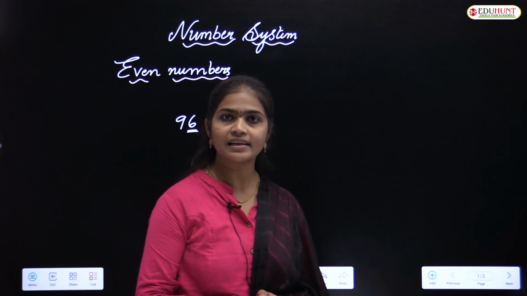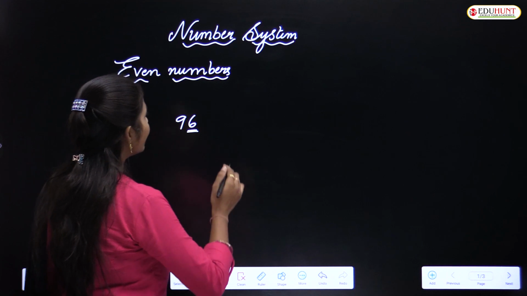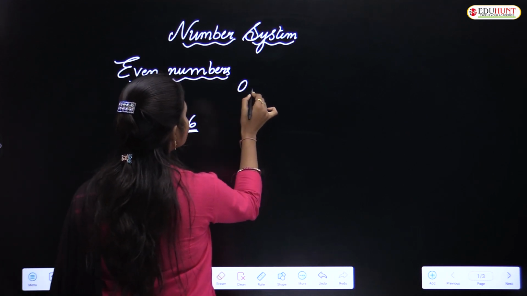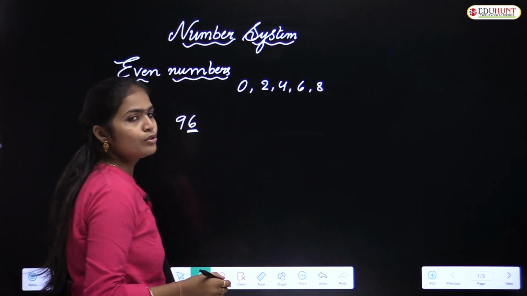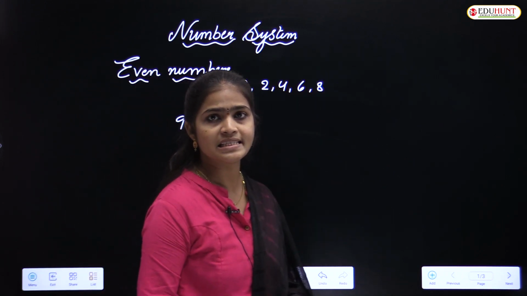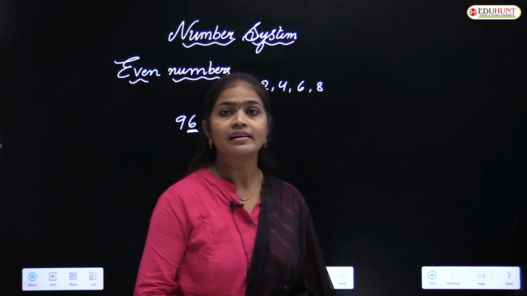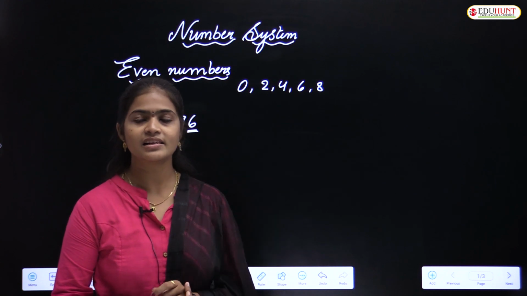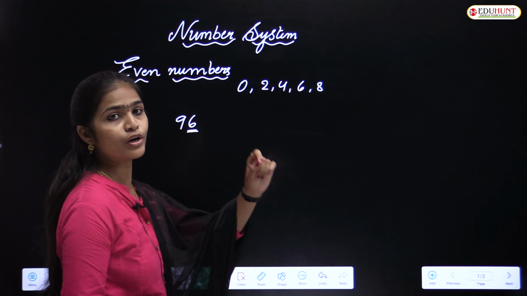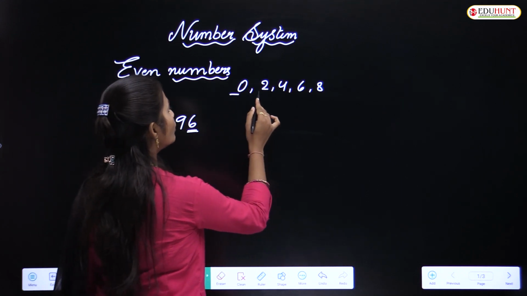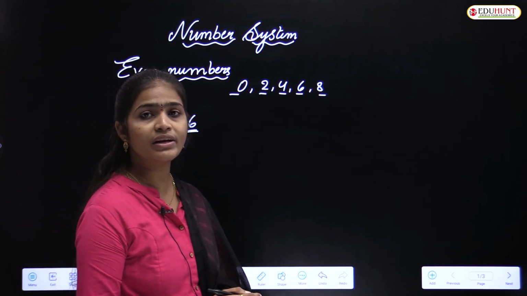Or we have another definition, that is what? The numbers which are ending with any one of the digits 0, 2, 4, 6, 8, then those numbers are known as even numbers. The numbers which have the last digit as any one of 0, 2, 4, 6, 8, we will call those numbers even numbers.